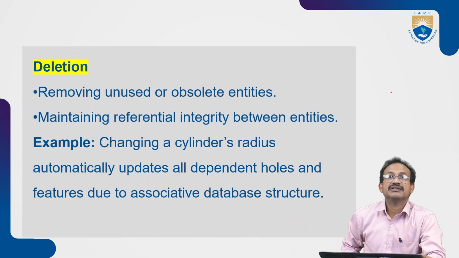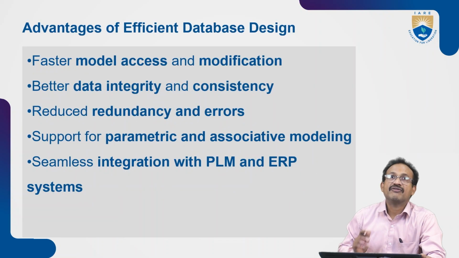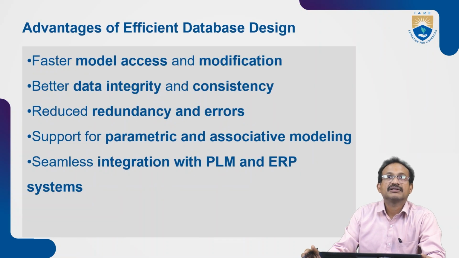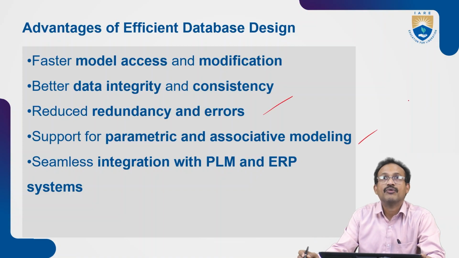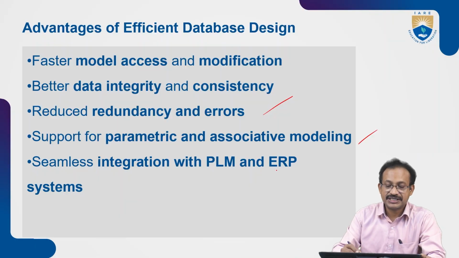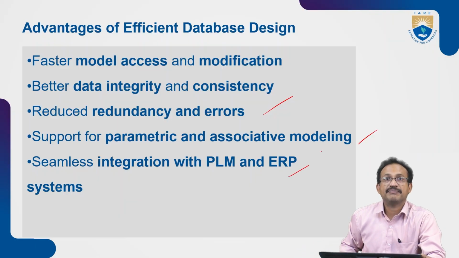Next, deletion is one important feature, removing unused or obsolete entities. Next, advantages: faster model access and modification, better data integrity and consistency, reduced redundancy and errors, support for parametric and associative modeling, seamless integration with PLM and ERP systems.